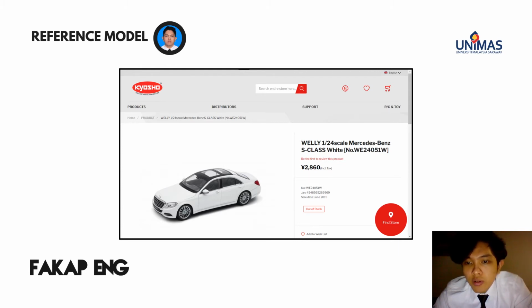They produce the same product as we produce, which is 1:24 scale Mercedes-Benz S-Class White, but the price is much higher, which is around 2,860 yen, around 108 ringgit. But our price will be lower with better detail and better design. So we hope that we can compete in the market with this kind of price.